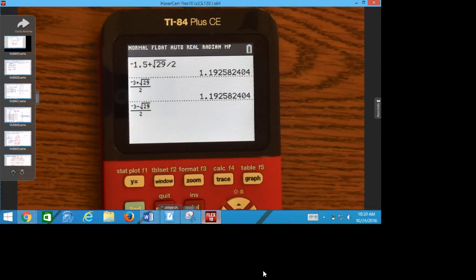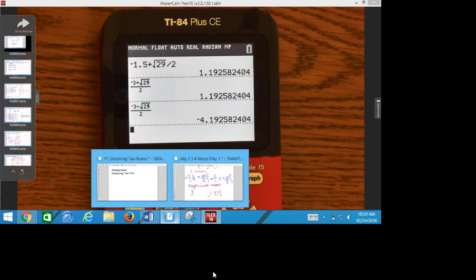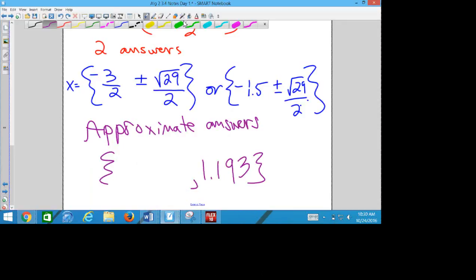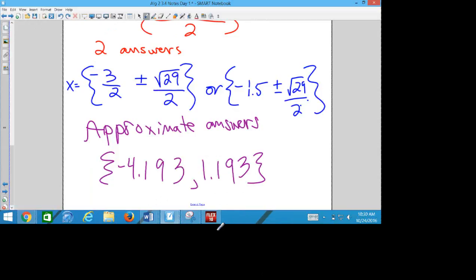So you can just change what's there. And we get our other answer, -4.193. If you were plotting that on a graph, you would have approximate x-intercepts.